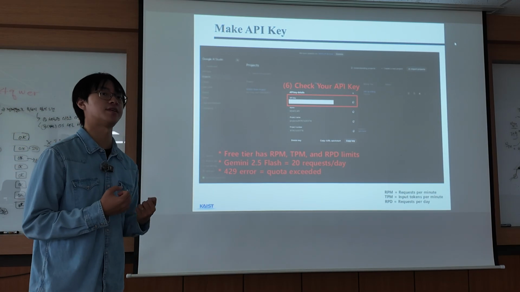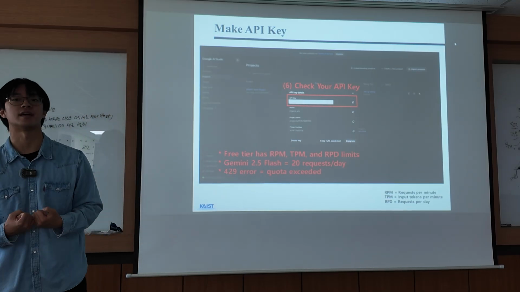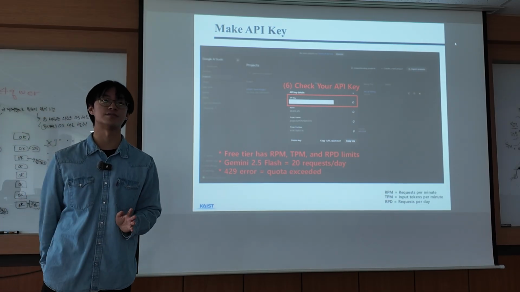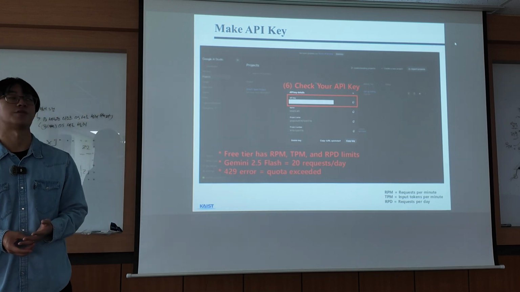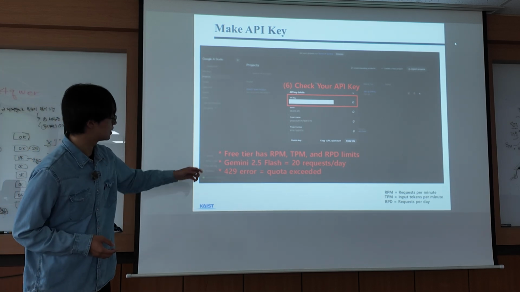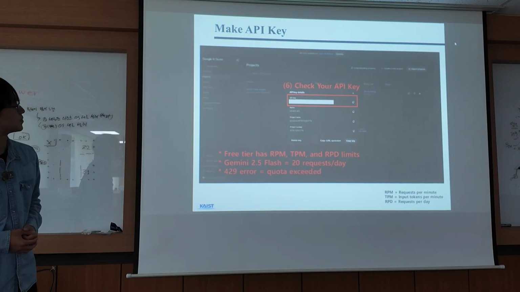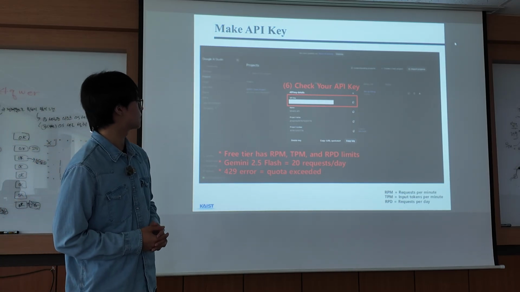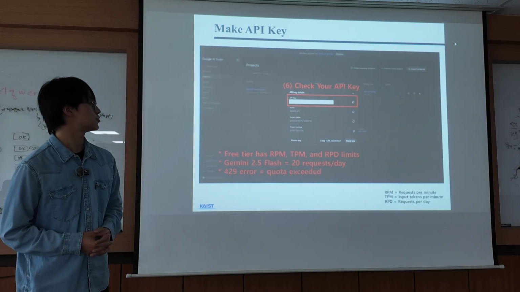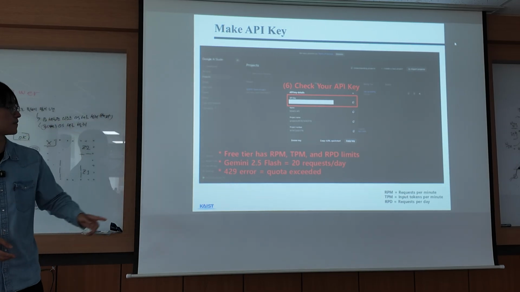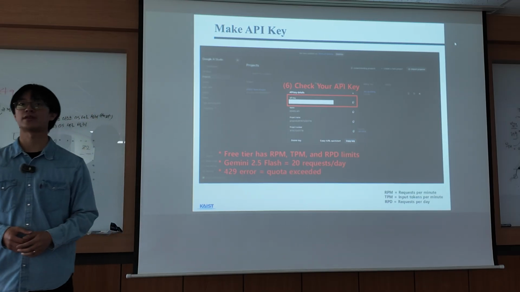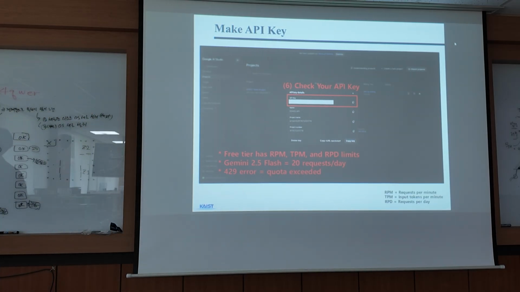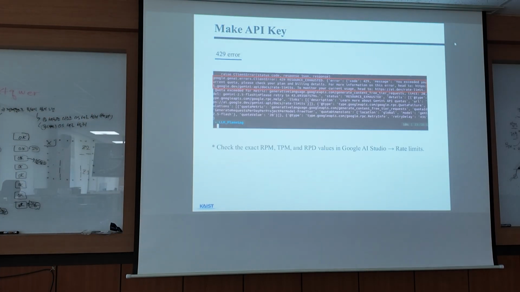And if a limit has been reached, you can use the accounts of other members or some other accounts. For example, Gemini 2.5 Flash has 20 requests per day, and if it requests more than that amount, then a 429 error will occur.